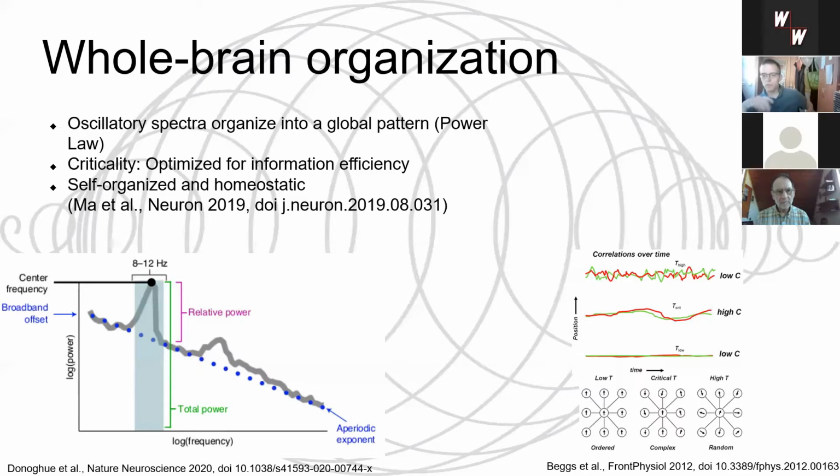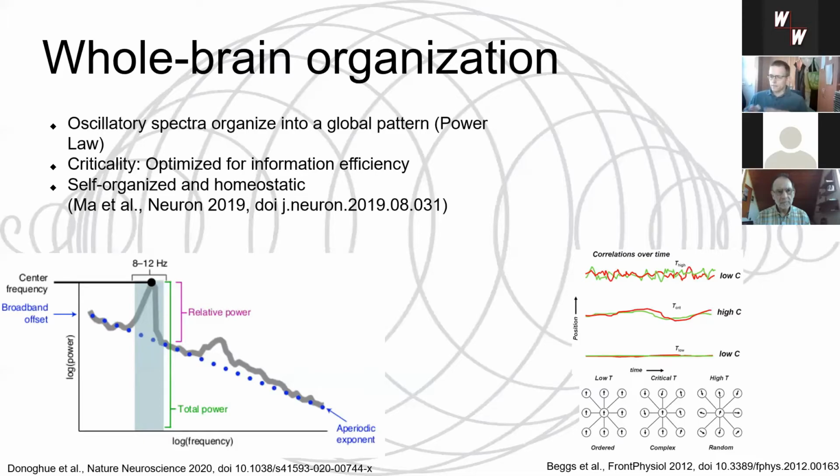At a very low temperature, the spins tend to be very ordered, looking in the same direction. As the temperature gets higher, it gets more chaotic. And there is a certain middle ground of temperature, in this case, where the ordering of the spins becomes complex. It is at the phase transition between order and chaos. And at this transition between order and chaos is where complexity happens. This is called the critical state, the state between order and chaos.